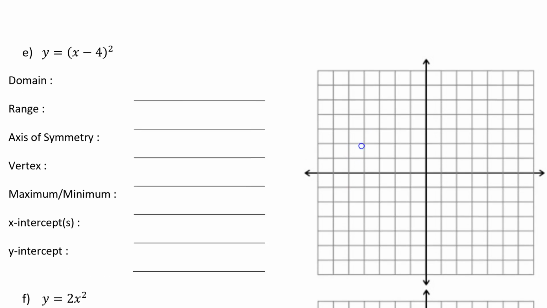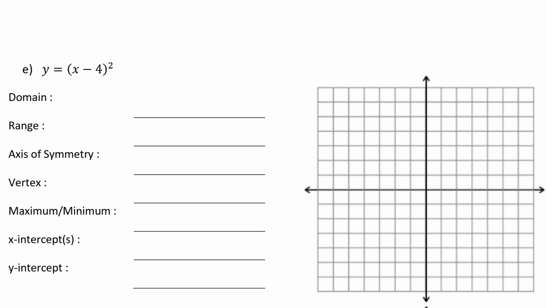This one, we're going to keep it positive. We know that it's moving to the right because it's subtraction happening there. So moves right 4, and still the A is positive. The A in front is just 1 in this case, and it's positive, so it opens up.